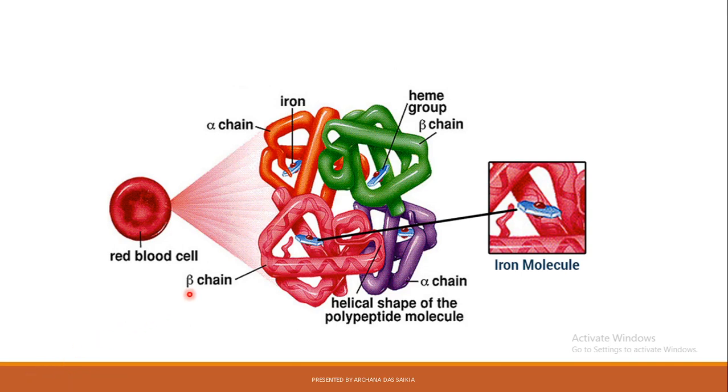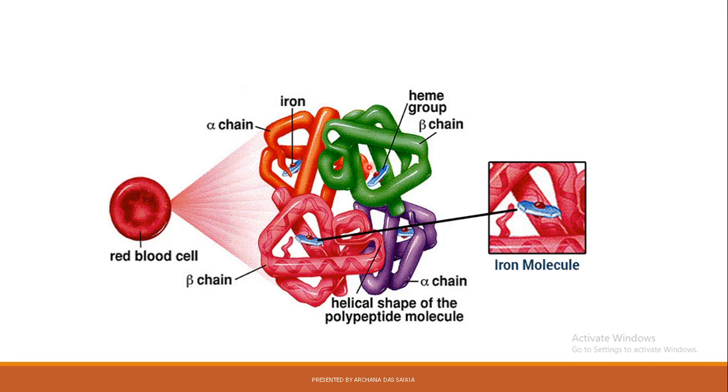Before going into it, let us learn a little bit about the RBC. RBC, as I had been mentioning, is made up of globin chains, hemoglobin, heme, iron, globin, protein chain. So 4 protein chains, here you can see. This is the alpha chain, this is the beta chain, here beta chain and the alpha chain. The red and purple are the alpha chains, green and pink are the beta chains.